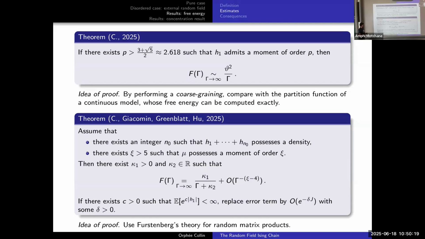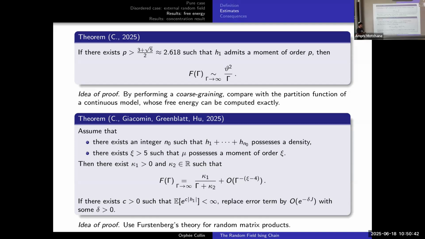Okay, so let me say a few words about the proofs. Let's start with the first one. As I wrote, you use a continuous model, which in fact arises as a weak disorder limit. Maybe I will talk about it later if I have some time.